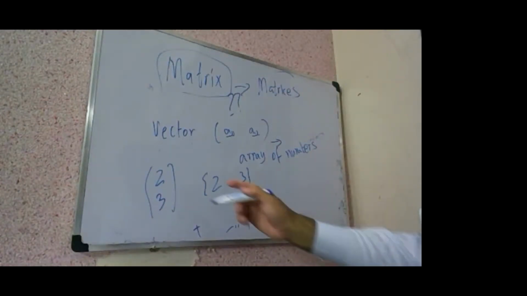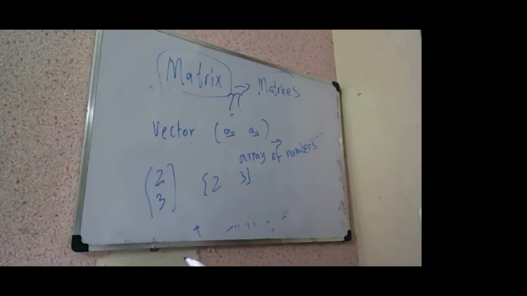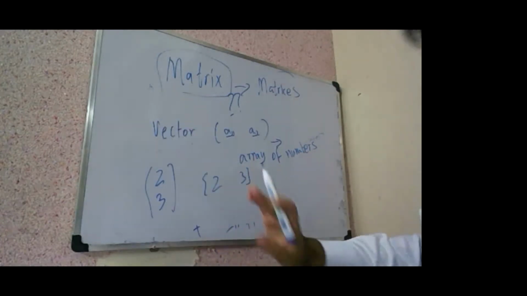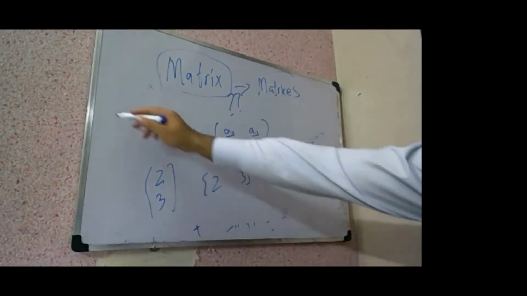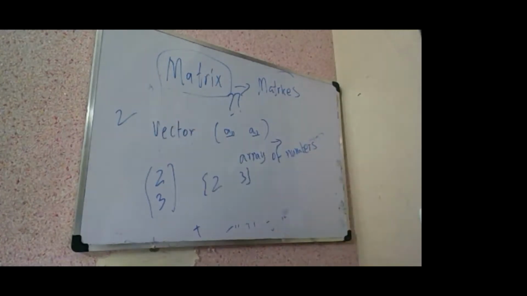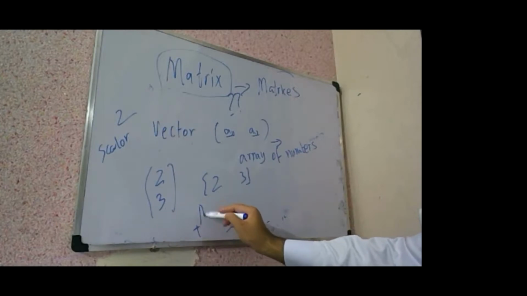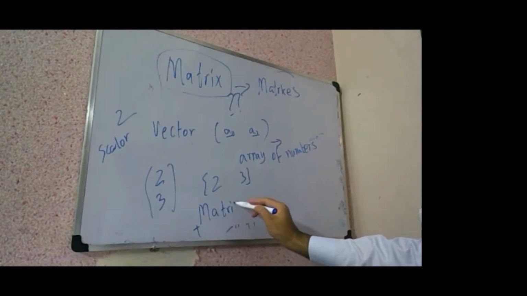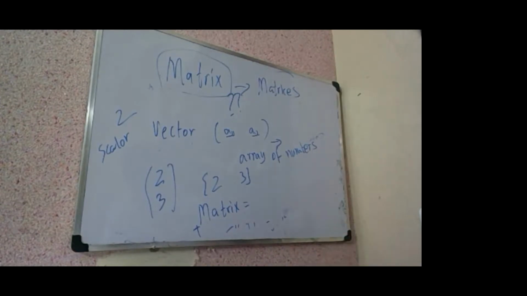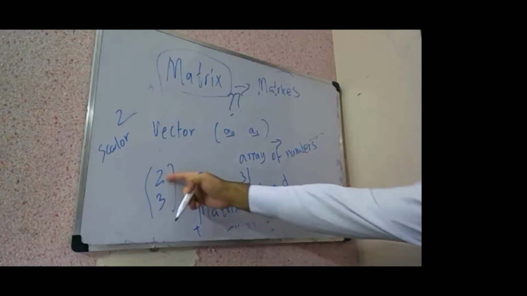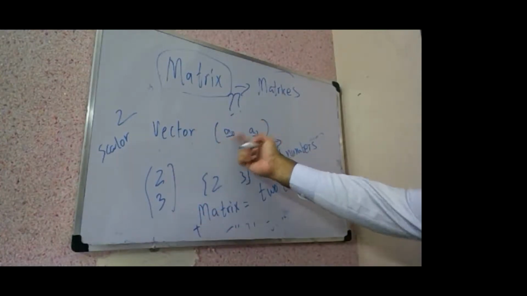So now you know scalar, now you know vector. Scalar is just a number, any number, right? So this is a scalar, let's say 2. What is matrix? Matrix is at least minimum two-dimensional, which means this vector can also be considered as a matrix.